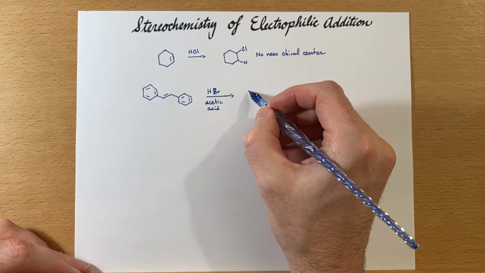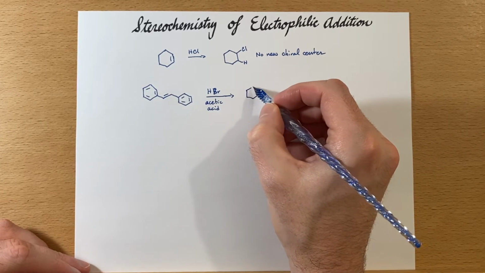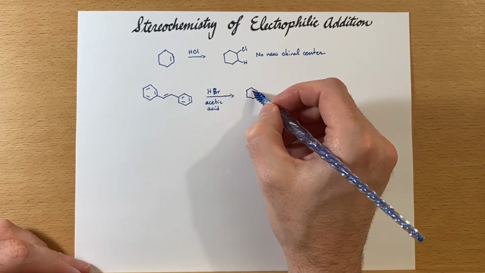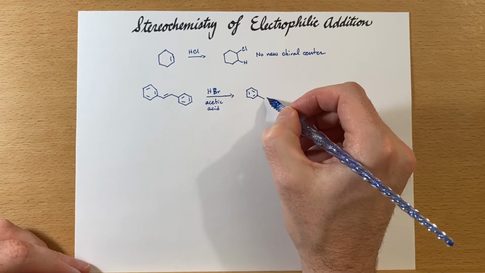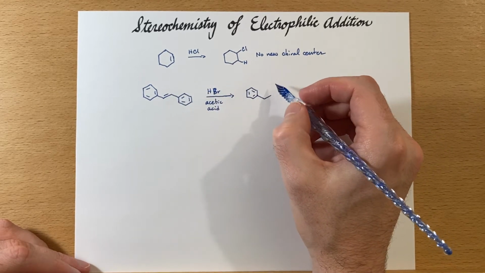So I'll just draw the two products that we make. And since this is symmetrical on both sides, it will not matter which carbon we add the bromine to. So in both cases, I'm just going to add it to this carbon right here.